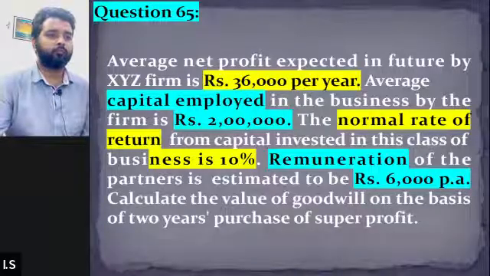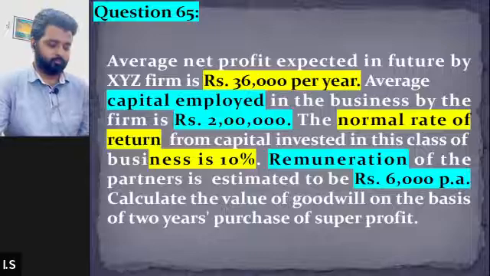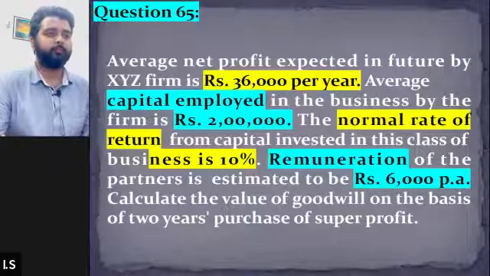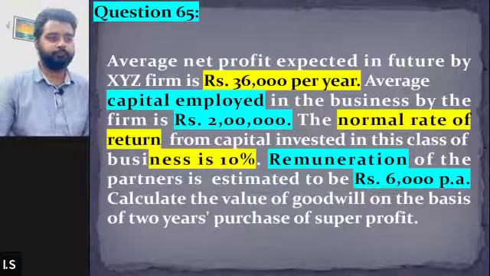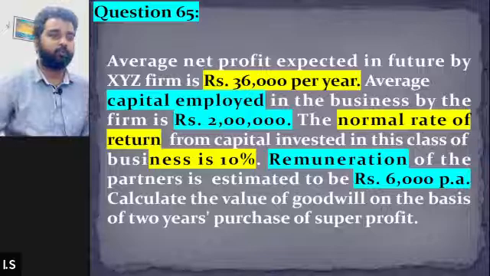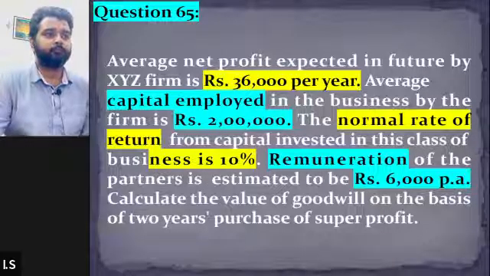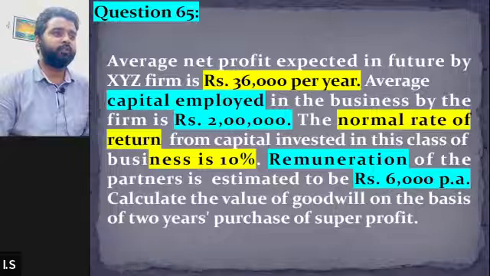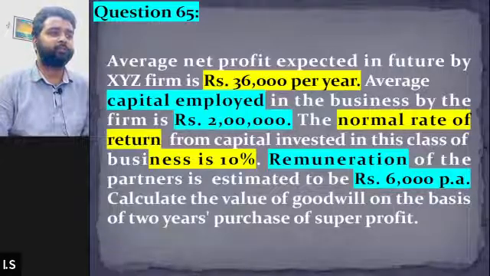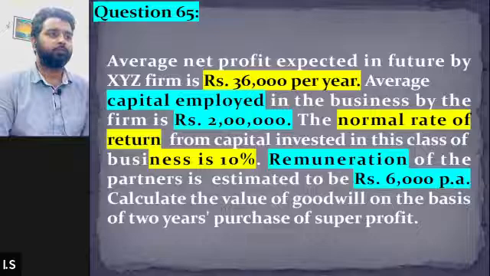Sir, the normal rate of return is 10%, right? Your normal rate of return is 10%. This is the only doubt. And the remuneration? Remuneration, actually, in order to find out the average profit of the firm, we need to subtract the amount of remuneration. All right, no problem.